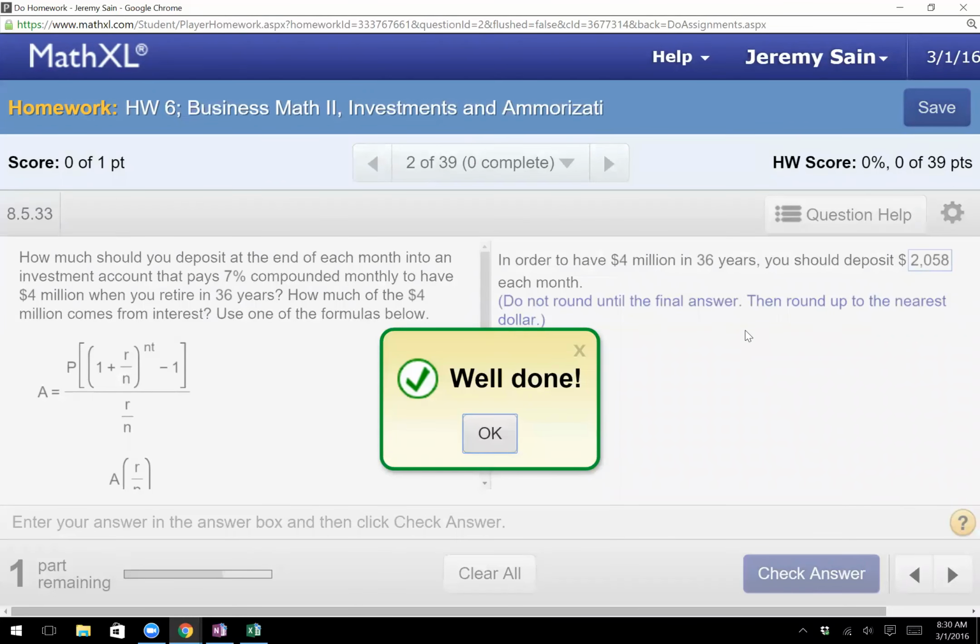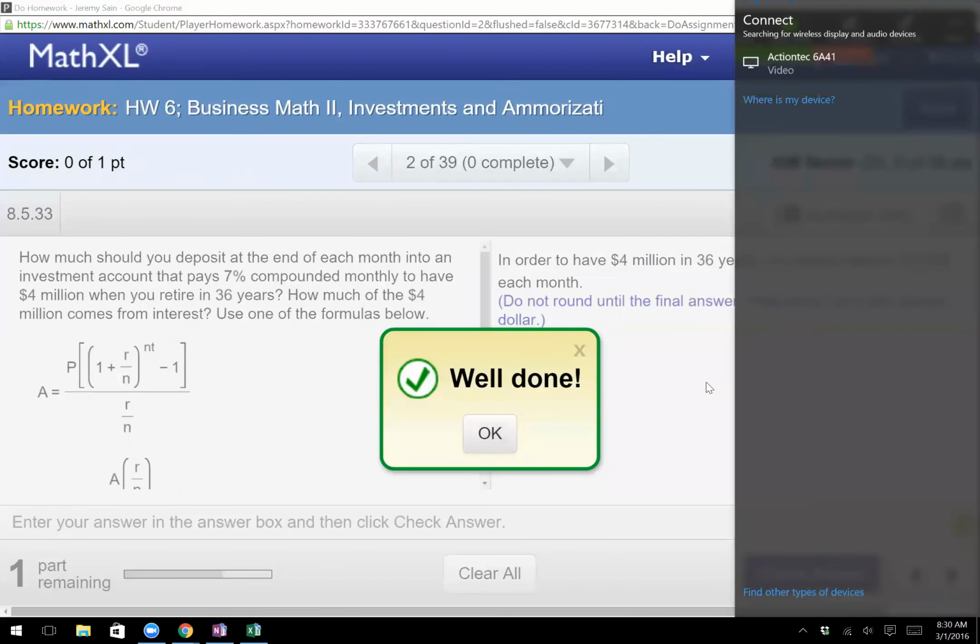Cool. All right. Yeah, so the only thing left was actually to type the 2058 into there.